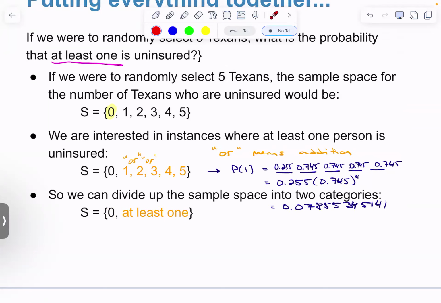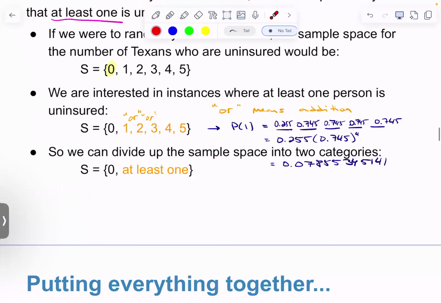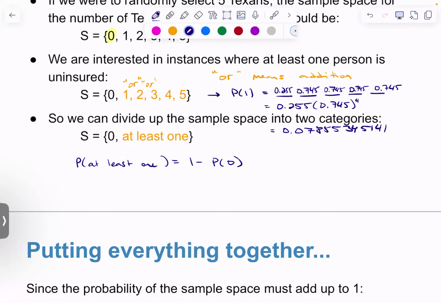And so what if we just lump all these together, so we make the sample space 0, or all of these ones are at least 1. I want to find this probability. The easiest way to do that is going to be that the probability of at least 1 is 1 minus the probability of 0, the complement of at least 1.